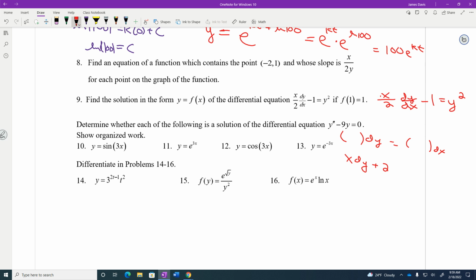Because we got this minus 1 right here. The way it's written right now doesn't work because we've got a minus there and it's not touching y or x. It's a subtraction.